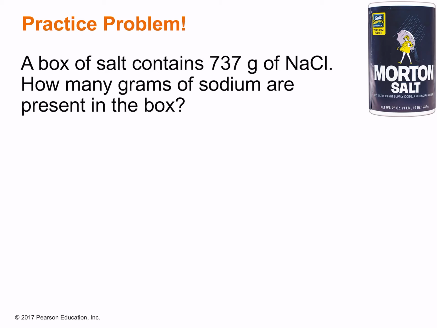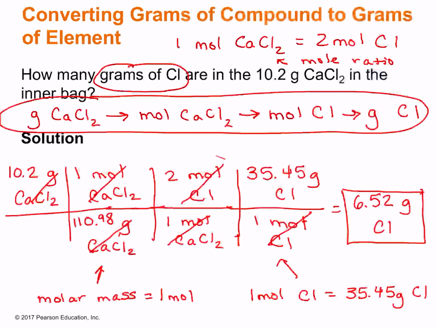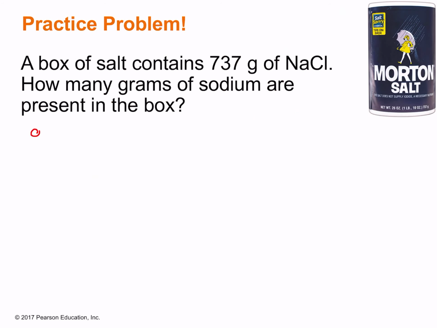All right. So now we need to get grams of sodium chloride, and we're going to get grams of sodium. So I'm going to make myself a plan up at the top. So we need to get from grams of sodium chloride, and at the end, we're going to try and get grams of sodium. So we can't go directly from grams of one thing to grams of another thing.